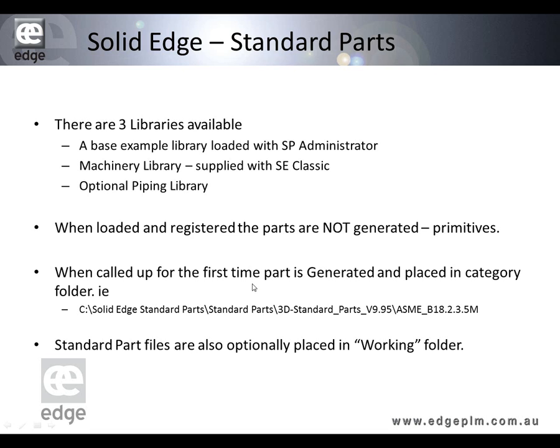So every time we call a part up, that's where it goes to for the first time. When we call that part up again, the database, the SQL engine, knows to look into this folder, and it will pull it out very quickly. We can also optionally place these parts in working folders as we create them, or as we call them up. We'll look at that in a moment.